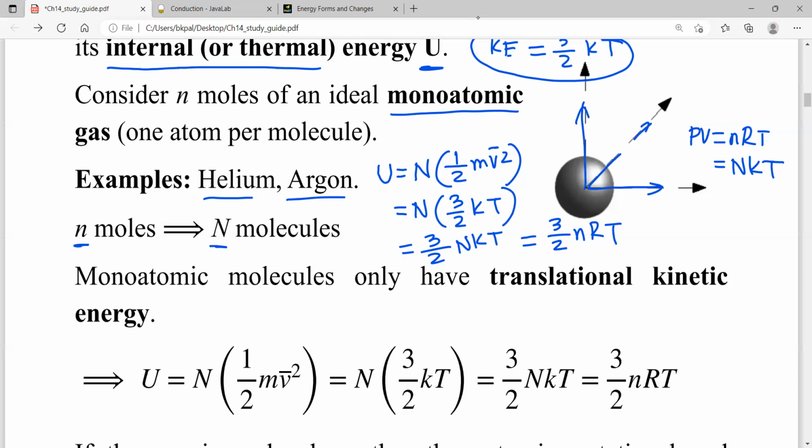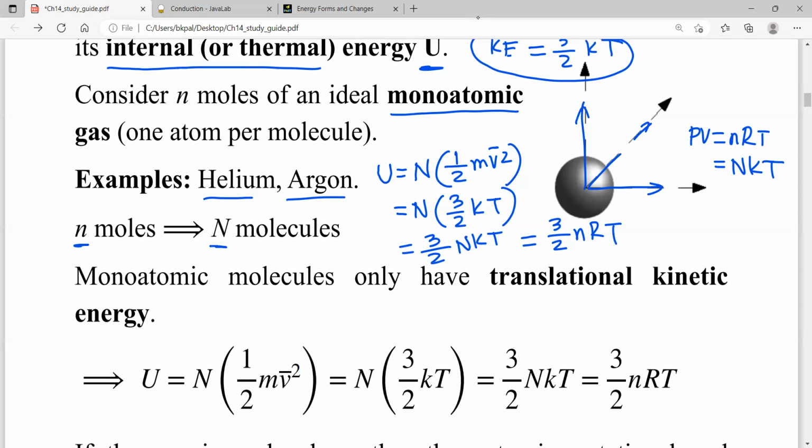In our real life, there are 3 spatial directions, x, y, and z, right? Because of this, the monoatomic molecule can go in these 3 directions, and that's why we have 3 here. The physical meaning of 3 is this.